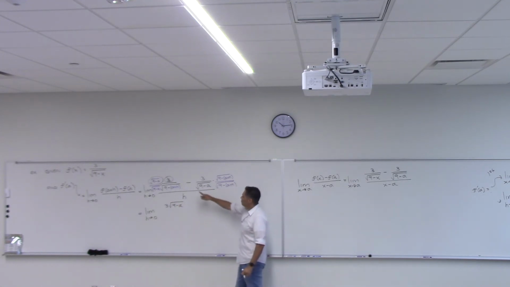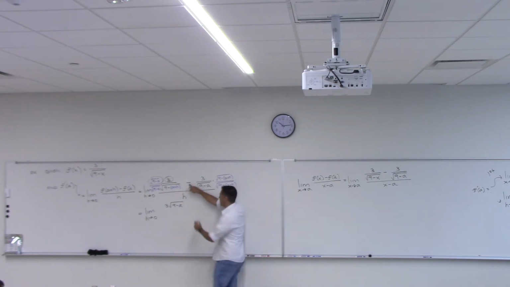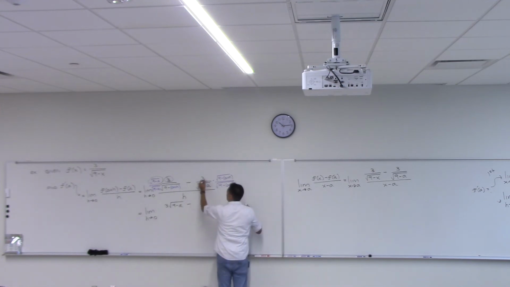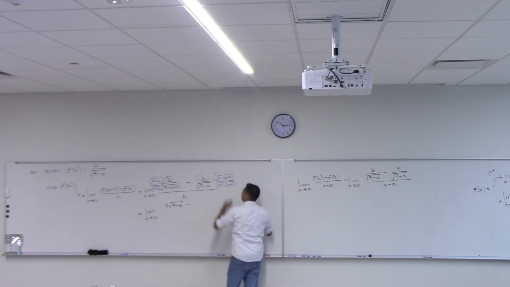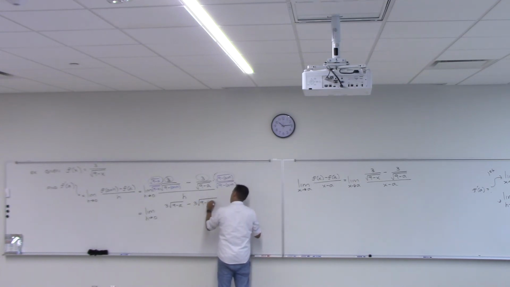Now, I'm going to wind up subtracting, because these have the same denominators now, so I'm going to put them together. I'm going to subtract from that whatever I get when I put this times this, which again is just 3 times the square root of 9 minus a plus h.